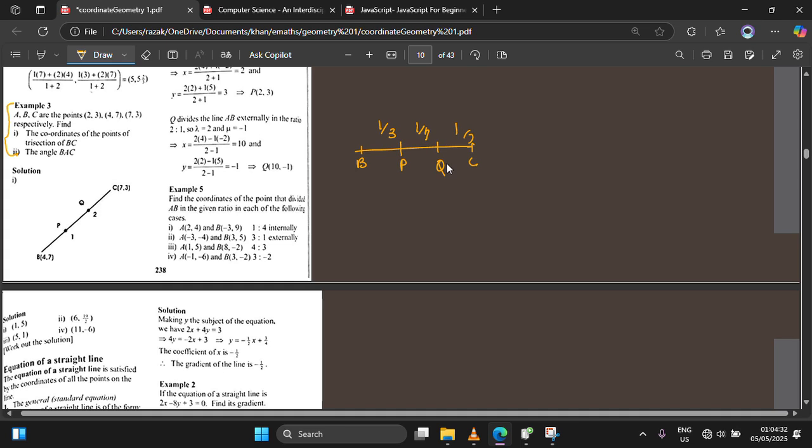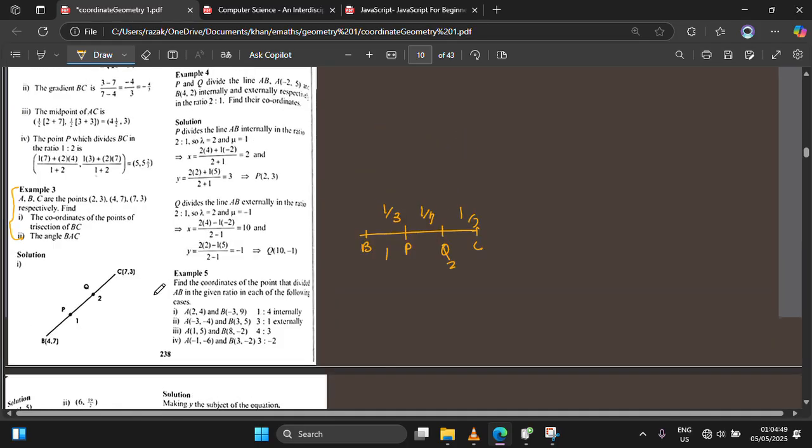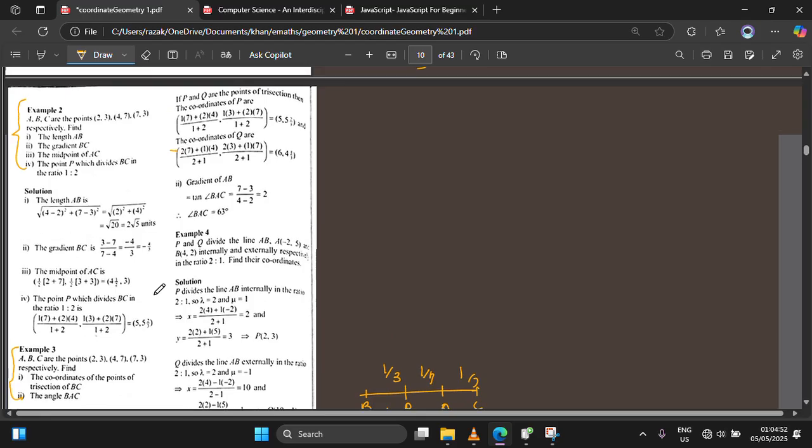That means that we are dividing the line segment not into 2, but into 3. So P divides the line in ratio 1 is to 2. Then Q also divides it in the ratio 2 is to 1. And that is exactly what we did here.